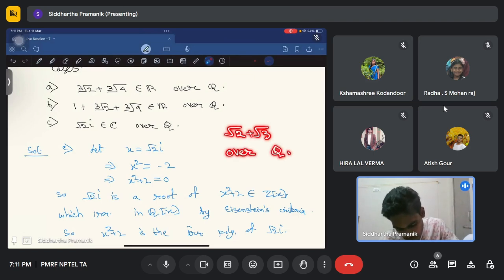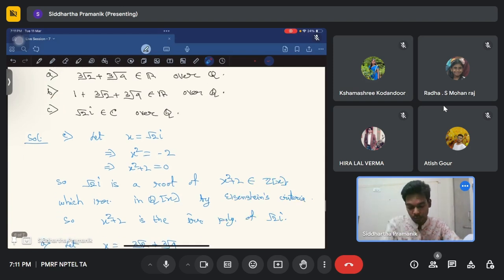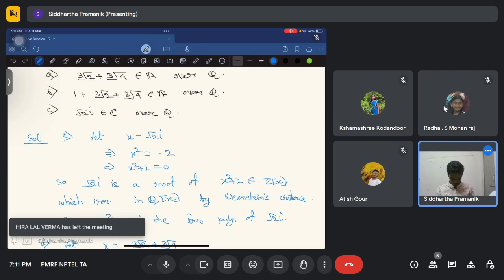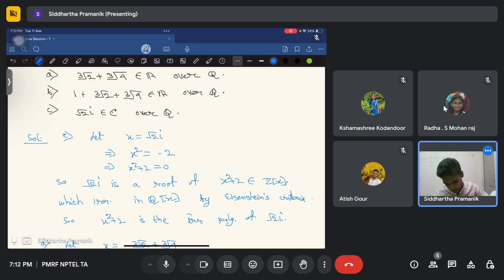So the same method you can use for part B. So just try it. Did you get any polynomial?